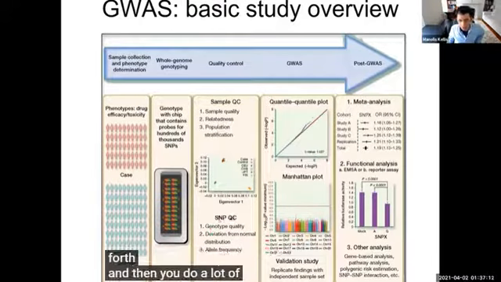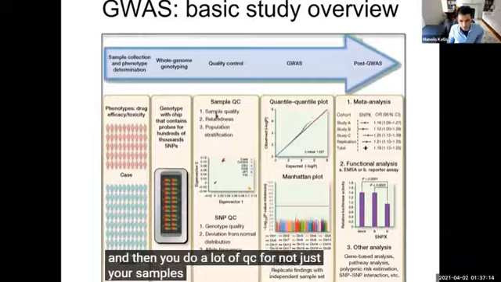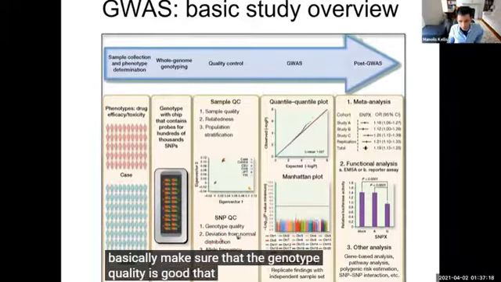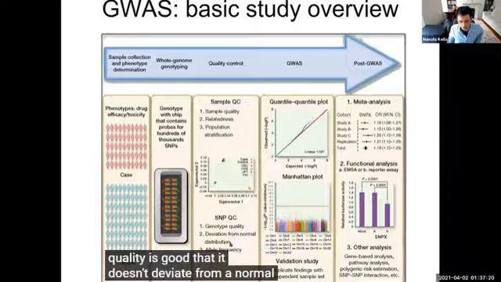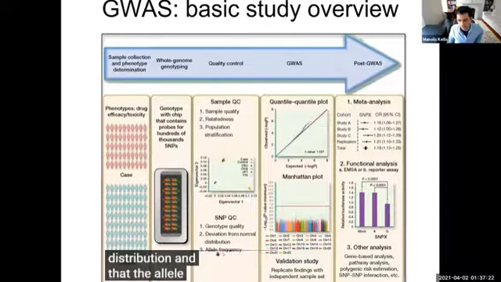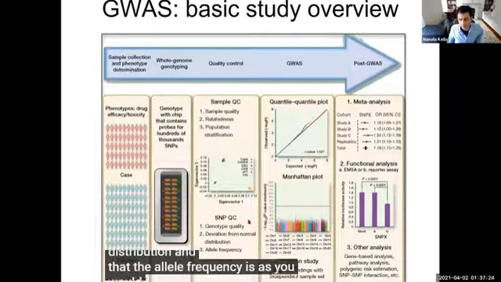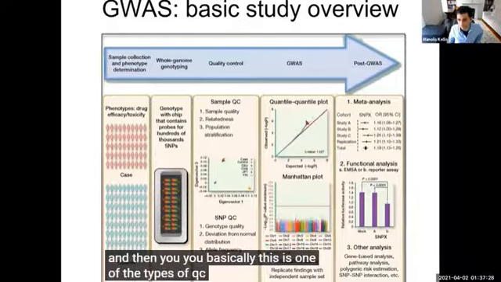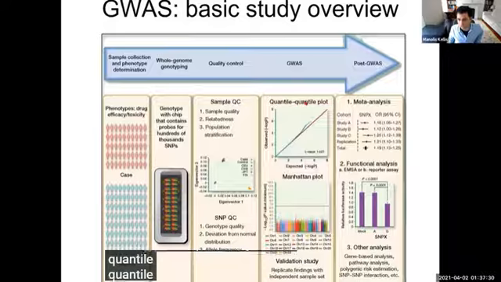And then you do a lot of QC for not just your samples, but also your SNPs. Basically make sure that the genotype quality is good, that it doesn't deviate from a normal distribution, and that the allele frequency is as you would expect. This is one of the types of QC where you do a quantile plot.